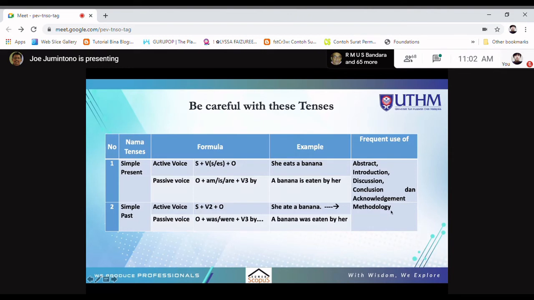Why? Because this is something that you already did. And simple present is used in the abstract, introduction, discussion, conclusion, and acknowledgement. Okay, only 2 tenses. You can read and learn more detail.